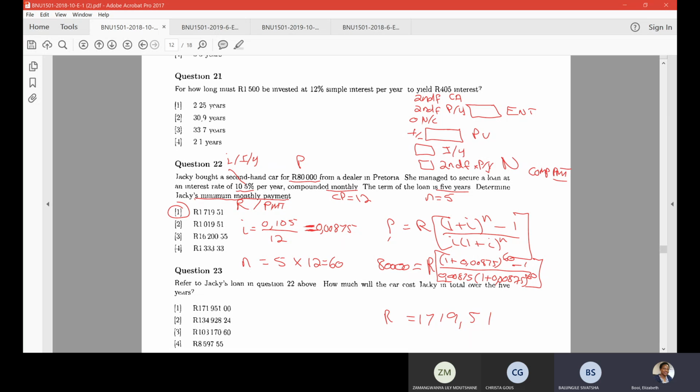So if I do this, you'll have to check your answers. Okay. So I get R is equal to, at the top, if I do 1 plus 0.875 to the power 60 minus 1, I get 0.686602982.